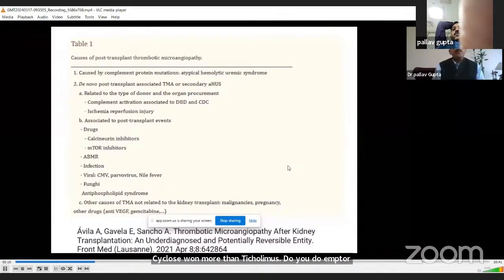It could be seen because of a complication of acute antibody-mediated rejection. It can be seen in several infections, including viral infections like cytomegalovirus, parvovirus, West Nile fever virus, or due to fungi. Antiphospholipid antibody syndrome has also been implicated in post-transplant TMAs. Other causes of TMA not related to kidney transplantation include pregnancy and other drugs like anti-VEGF, gemcitabine, etc.